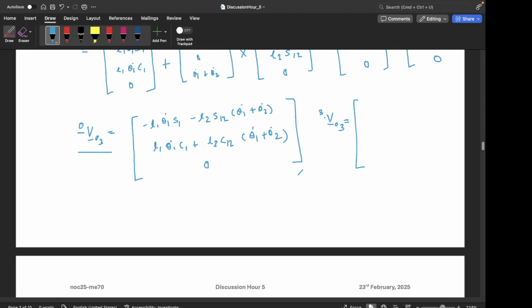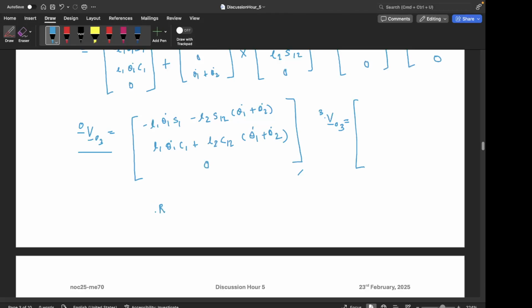So then what changes is that we can directly use rotation matrices. We know the orientation of the 3rd frame with respect to the 0th frame, and we do the appropriate transformation.